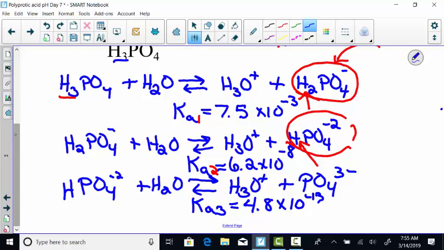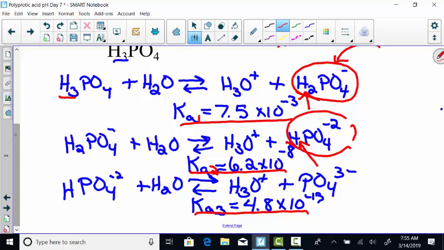Now, all of these Ka values are actually found in the back of your textbook in a chart. For your worksheet that you'll have today, because most of you don't have your book with you, I put them on the worksheet. So you will not have to look them up, but there's a chart in the back of your book that has all of these.